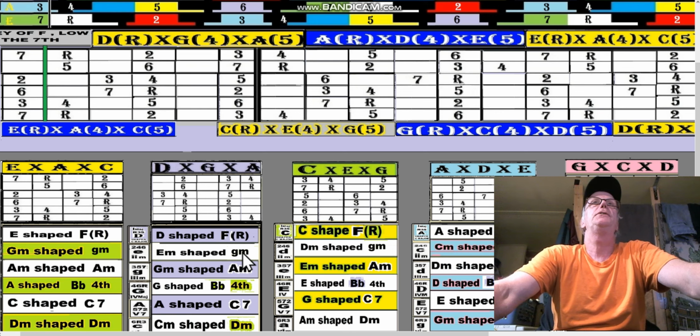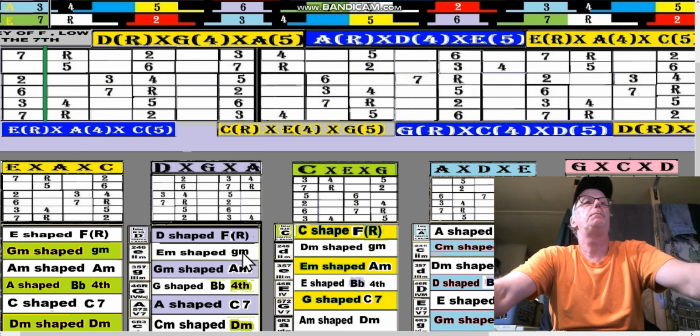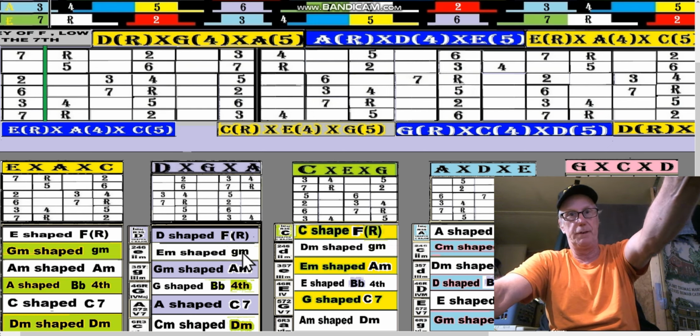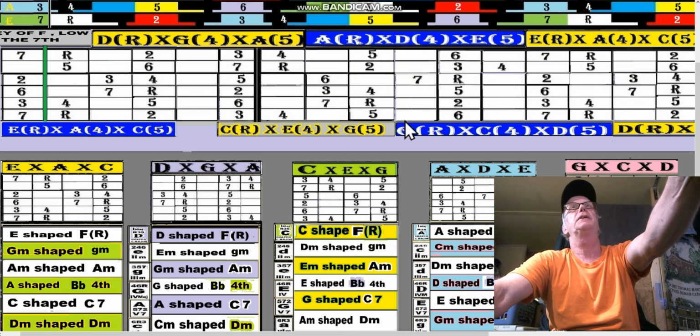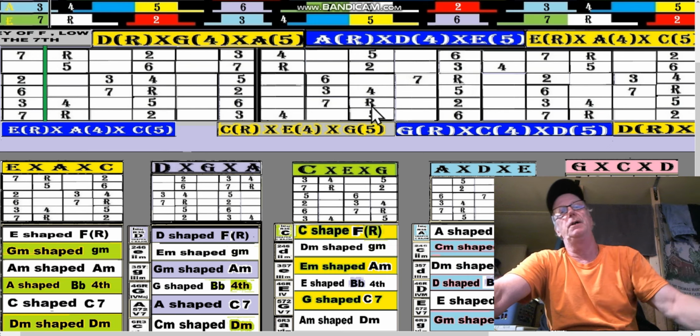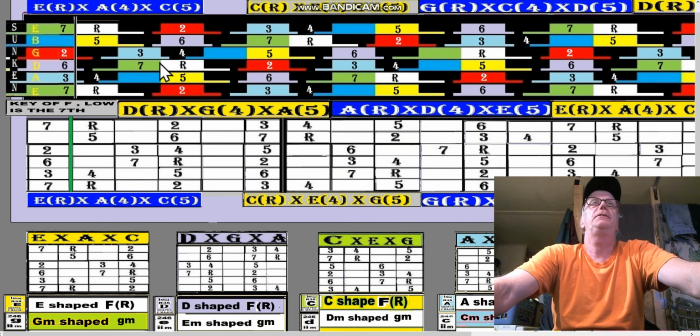If you wanted to do the 7th of that G minor, you could say G minor 7th. But what would that 7th be? Root. It would be root. So you have to keep in mind that you don't want to change this root. So I learned my lesson. I'm sorry, but I'm glad we've figured it out.